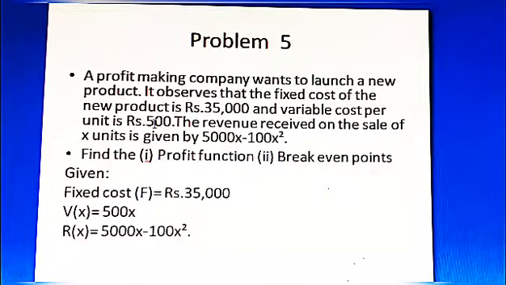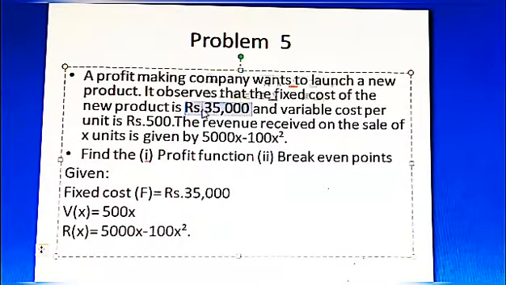The fixed cost, we know, will not change. It is 35,000. But the variable cost per unit is 500, so your variable cost V of X will be equal to 500X. Add the X at the end.